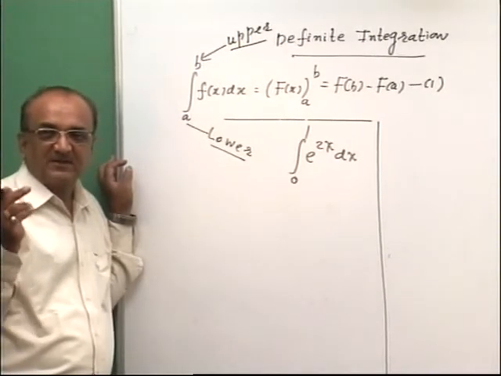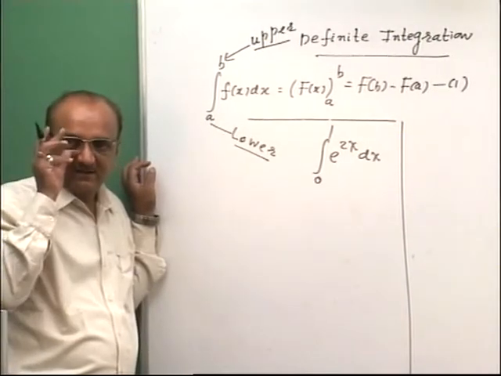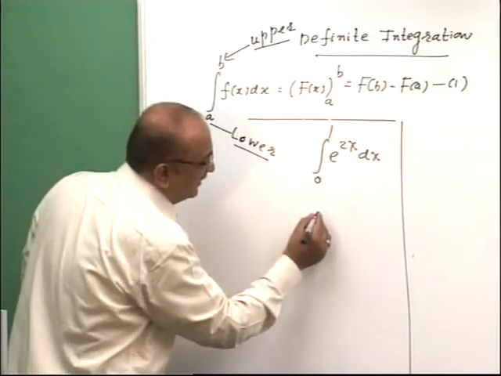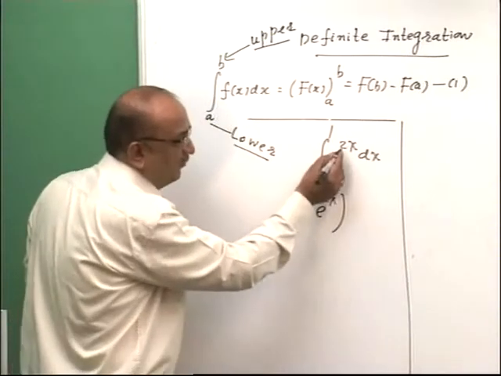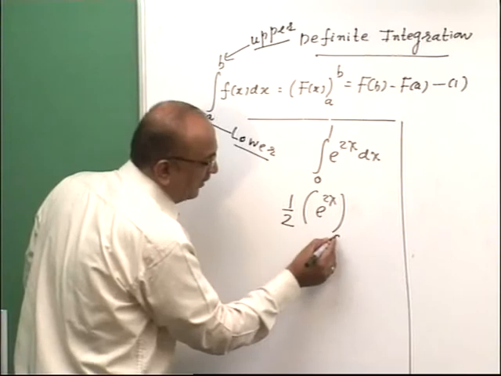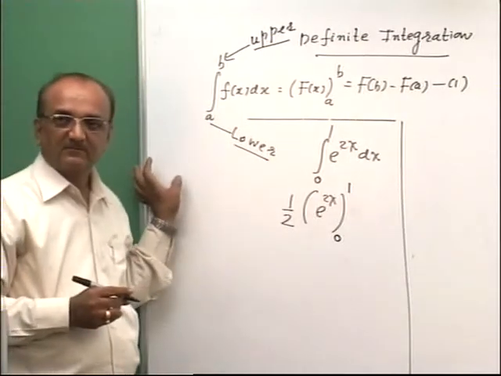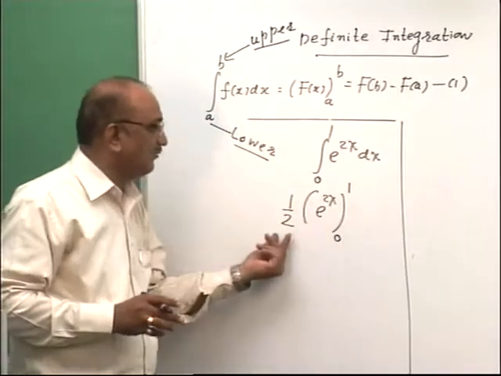Read the last form of the method of substitution, it is written there. So what is the integration of e raised to 2x? The integration of e raised to 2x is e raised to 2x into 1 upon 2, running from 0 to 1. Clear?